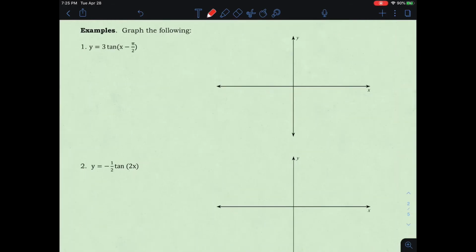Starting with this first example, we have y equals 3 tangent of x minus pi over 2. The way I'm going to do this is by graphing it using transformations. So I'm going to first start off by graphing y equals tangent of x. And in this case, we know that the asymptotes are at negative pi over 2 and pi over 2.